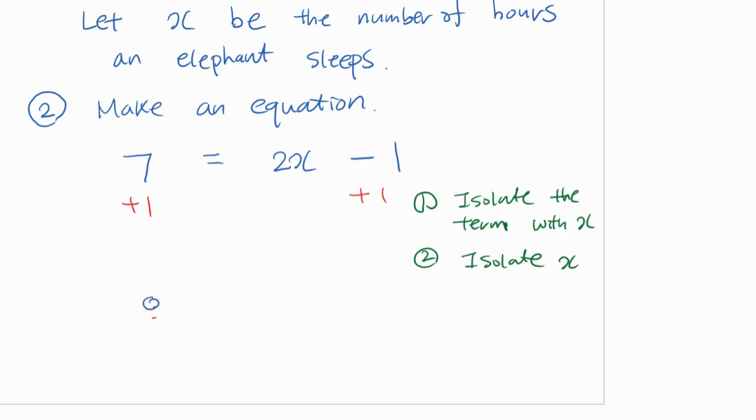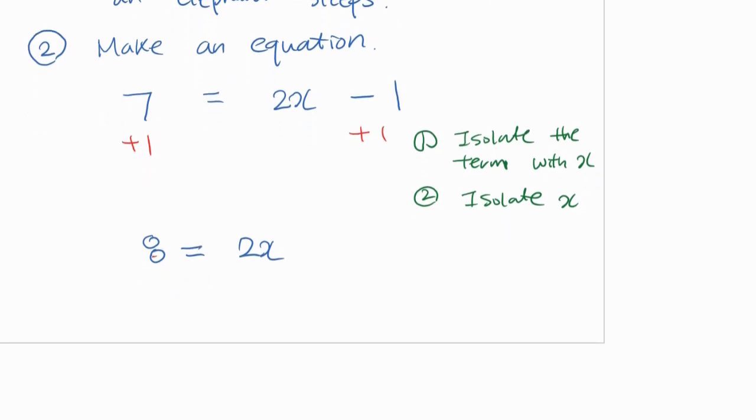Then that will be 8 equals 2x. So if 2x is 8, to find x, we're going to divide both sides by 2. Then your x will be 4. So an elephant sleeps only 4 hours a day. So the answer is 4 hours.